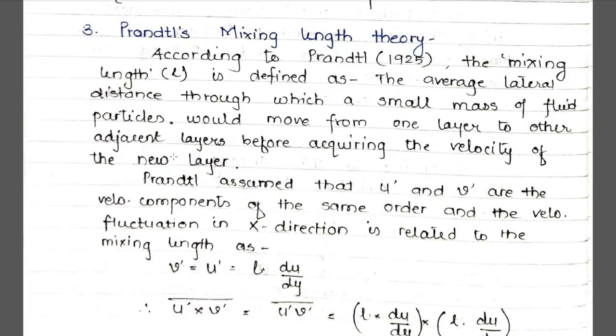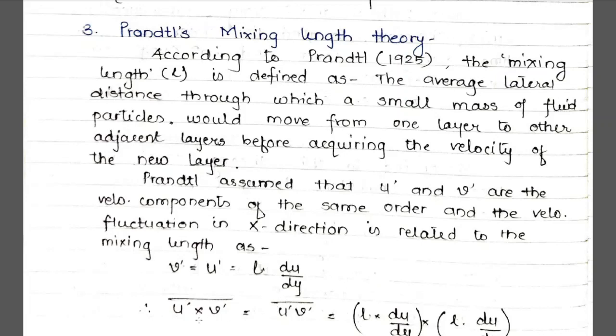Okay, so mixing length into du by dy was equal to the velocities. So u dash into v dash bar is equal to L into du by dy into L into du by dy.